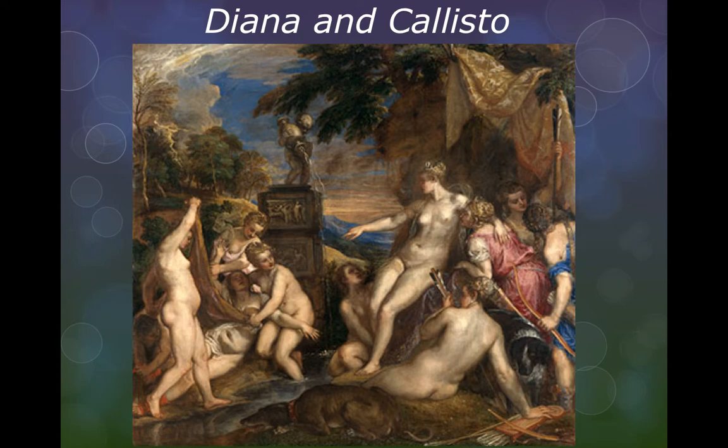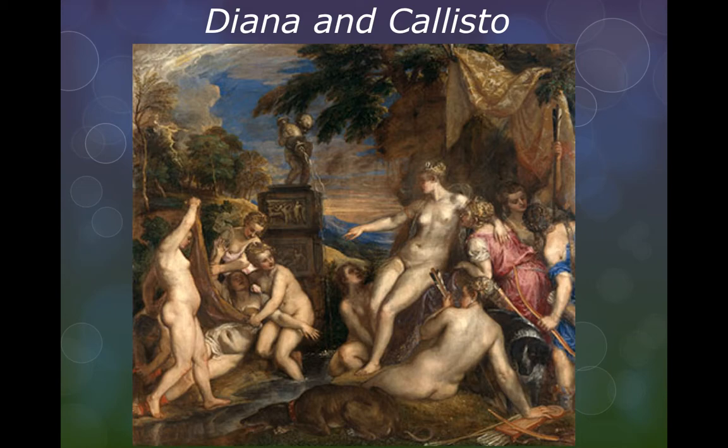Now, this particular piece is telling the story from Roman mythology. And this is supposed to be showing the story of the goddess Diana, who's pictured there in the center. And she's reaching out her hand and pointing very accusatorily towards her maid, Callisto, who is on the ground, surrounded by the other figures.